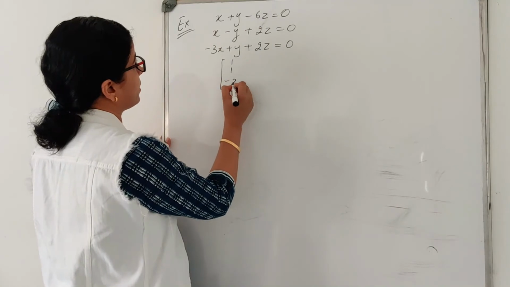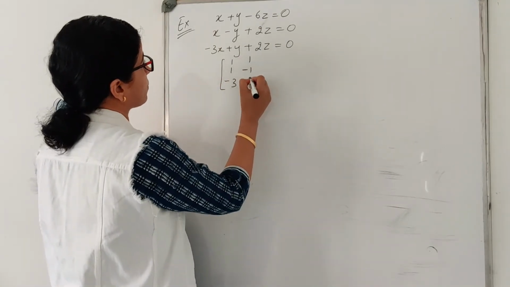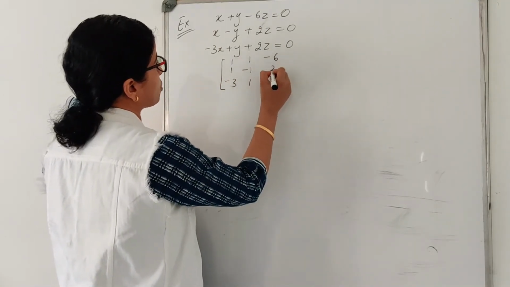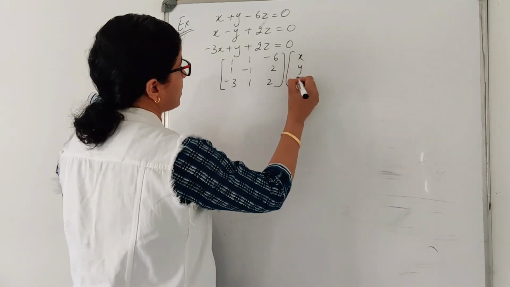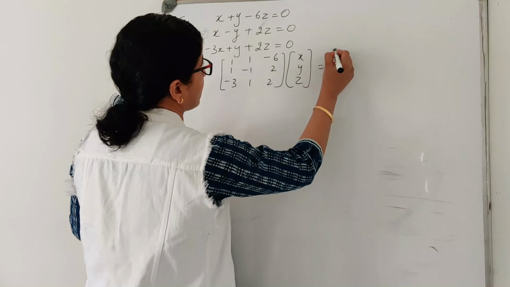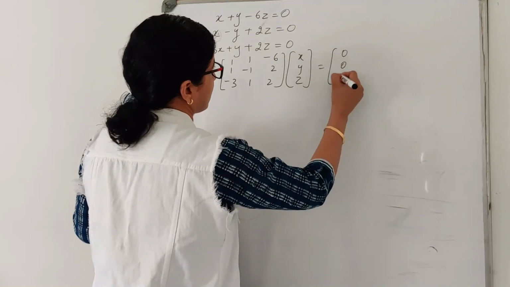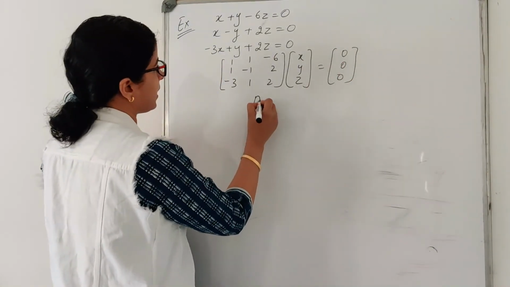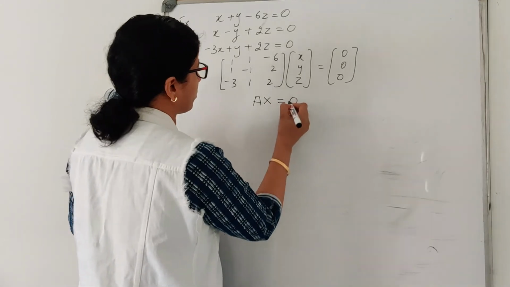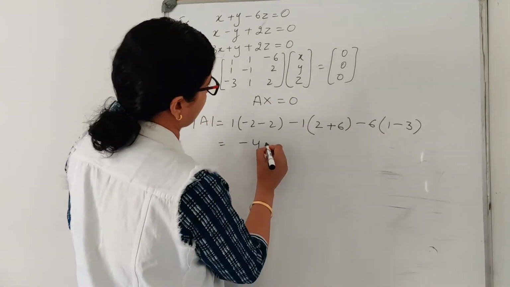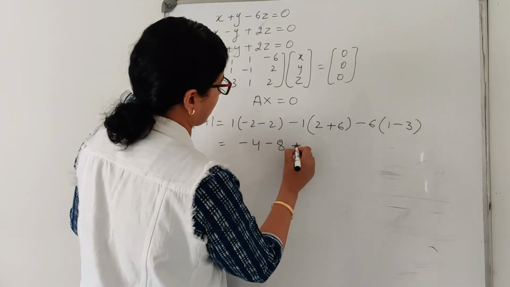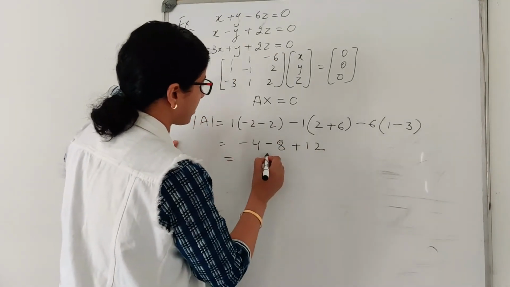Okay, now let us take these simultaneous equations and frame them in a matrix. [1, 1, -3; 1, -1, 1; -6, 2, 2]. Here is x, y, z. Okay, so it is Ax = 0. Again, determinant of A. So it is coming out equal to 0.